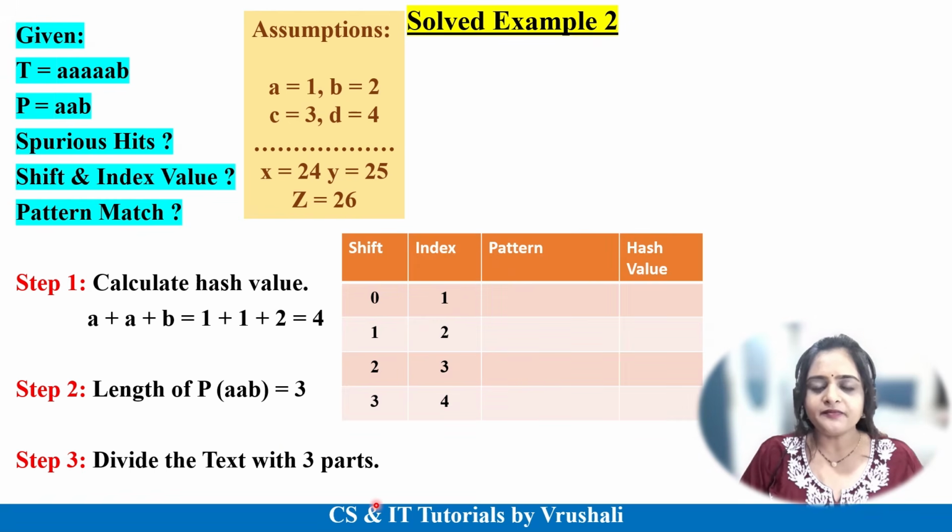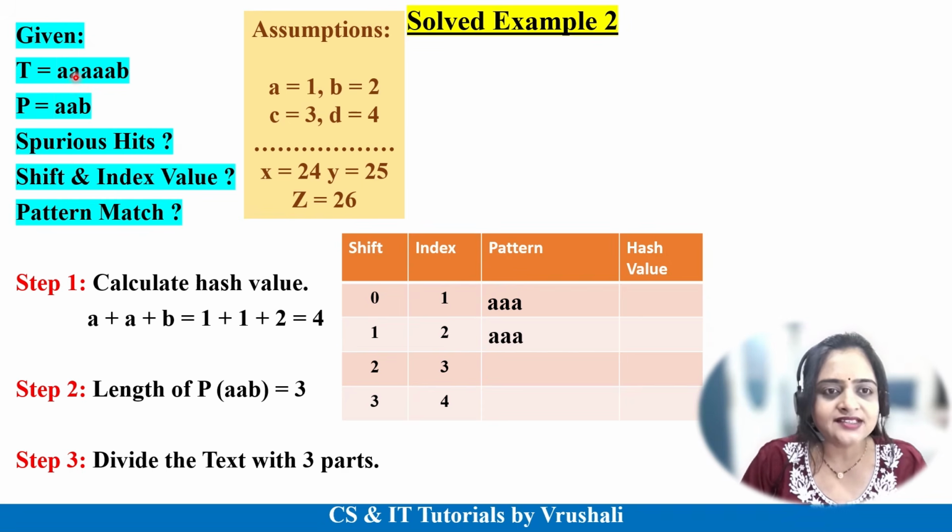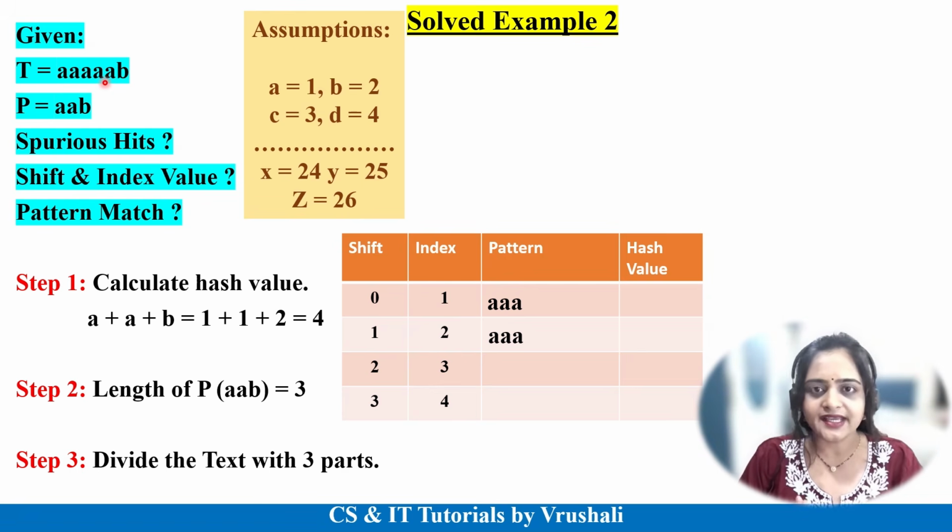Similarly, you have to draw the same table: shift, index, pattern, and hash value. Now the first step is to divide the text into parts of 3. How? See, our first 3 characters are AAA. For the next 3 characters, just skip the first character and start from the second character.